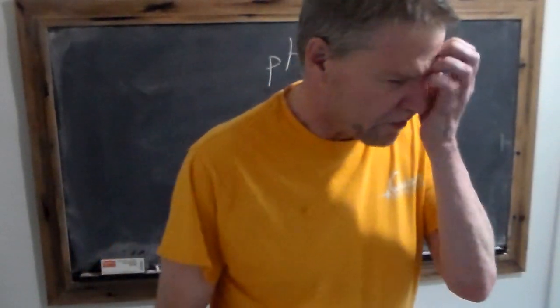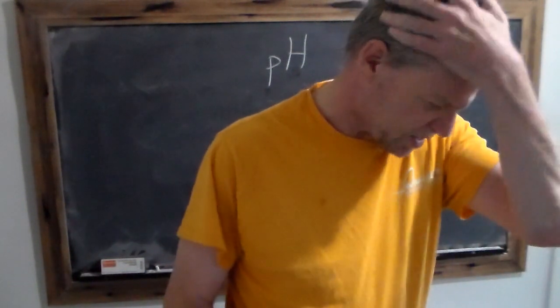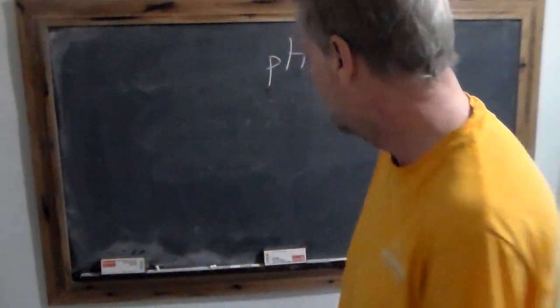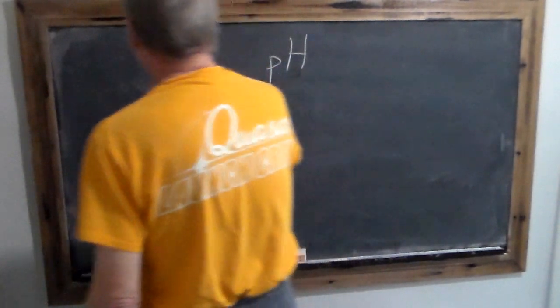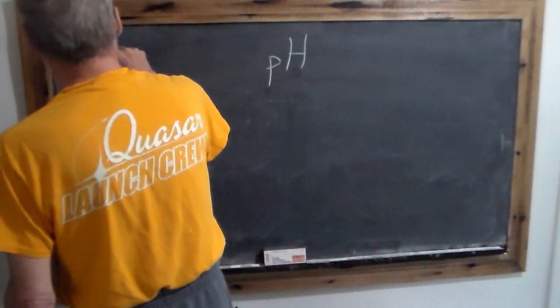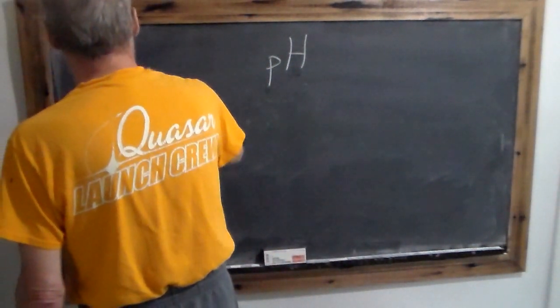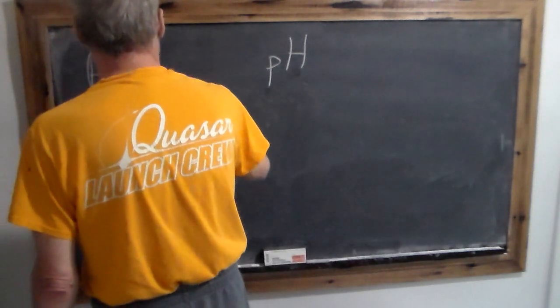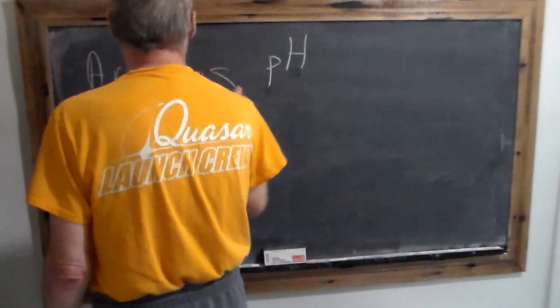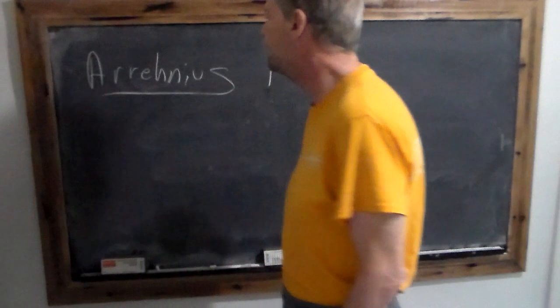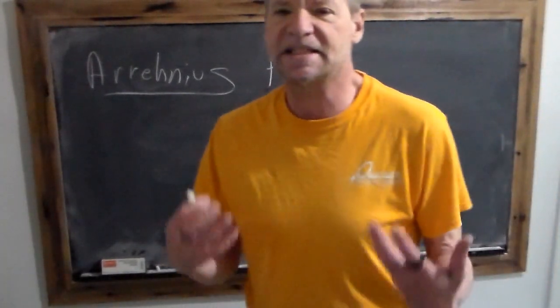Well, before we talk about that, let's go back and talk about what acids and bases are. I'm going to be using specifically today the Arrhenius definition, which I think is spelled like this, but for some reason I'm not 100% certain. The Arrhenius definition. It is the simplest definition of acids and bases.